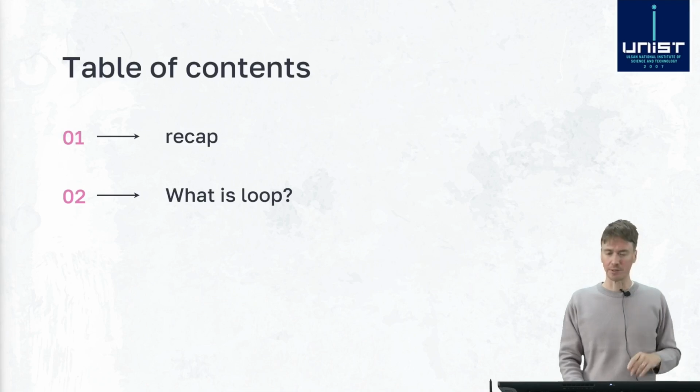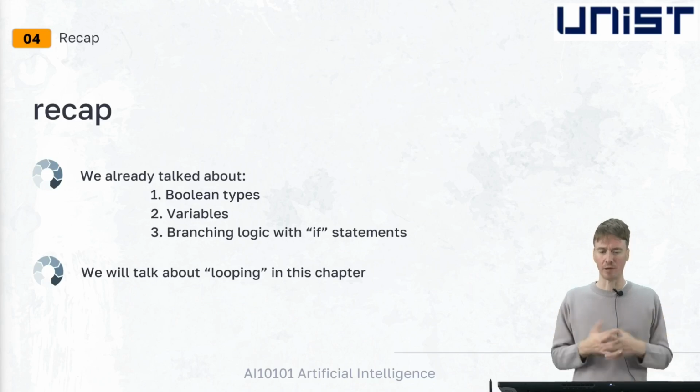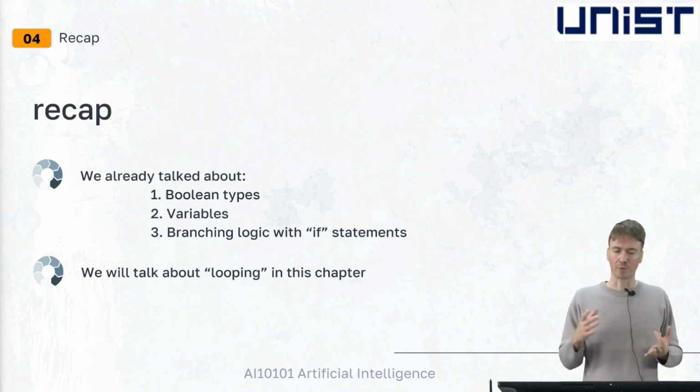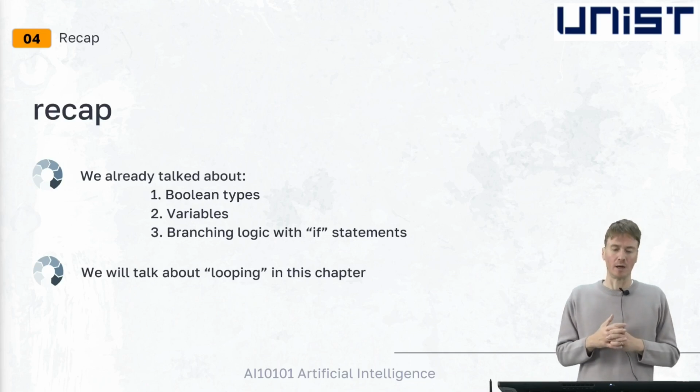But before we get into what we're going to do with loops, let's remind ourselves how we got to this point. Through week 4, we explored the Boolean type a little bit more with comparison operators and Boolean operators. We talked about if statements and elses and elifs.